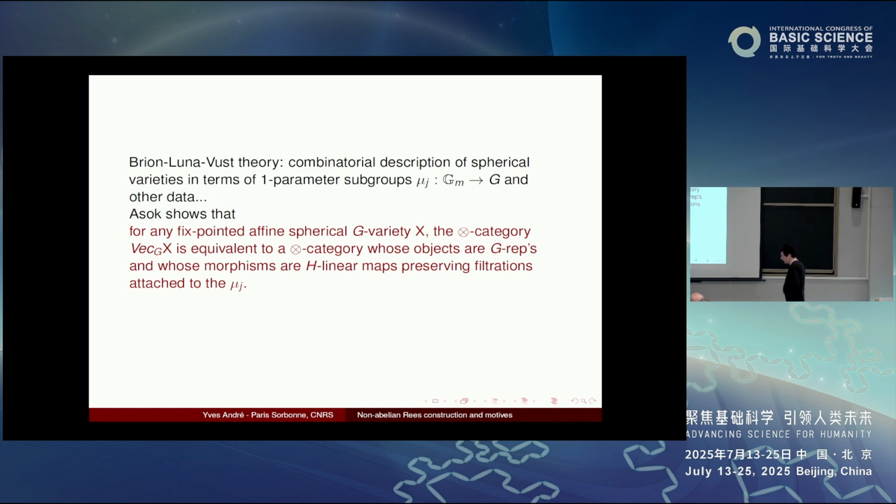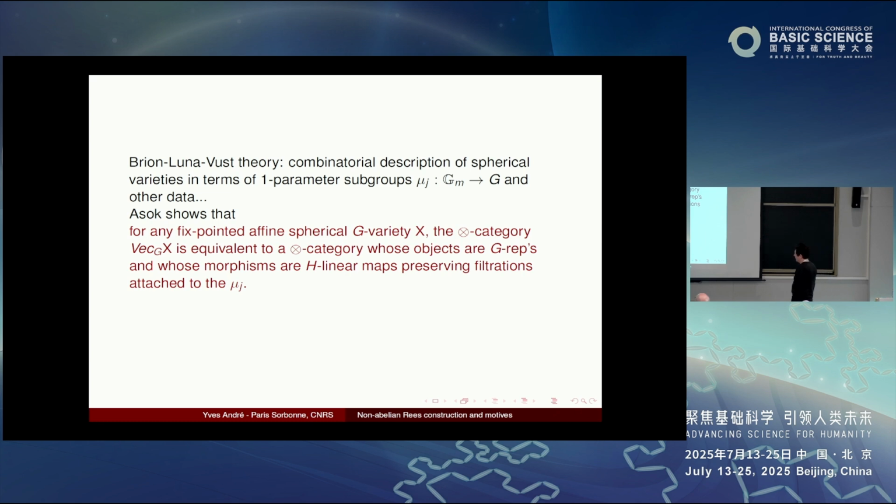This theory gives a combinatorial description of spherical G-varieties in terms of certain one-parameter subgroups of G and some other data, which are called colors in the theory.